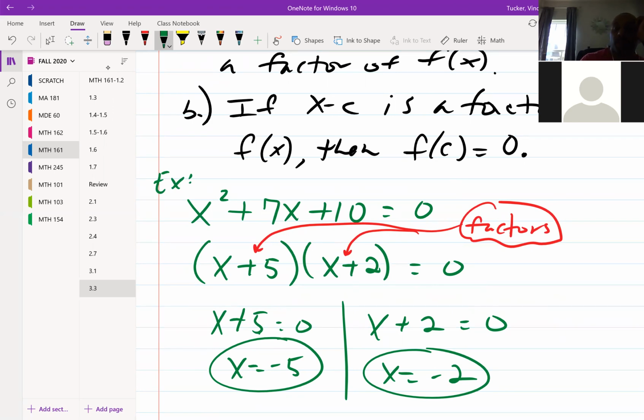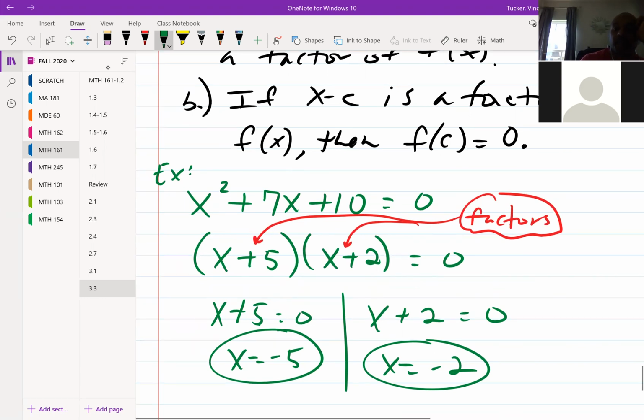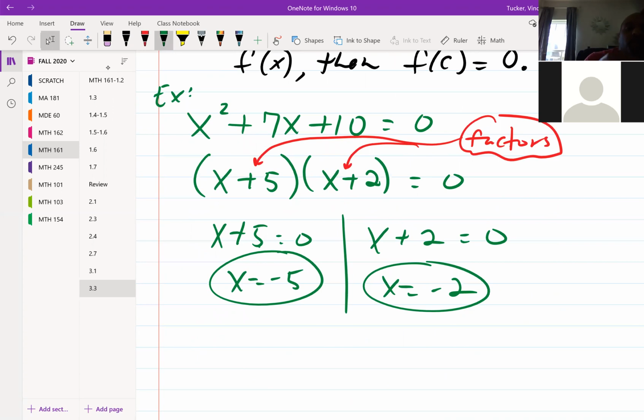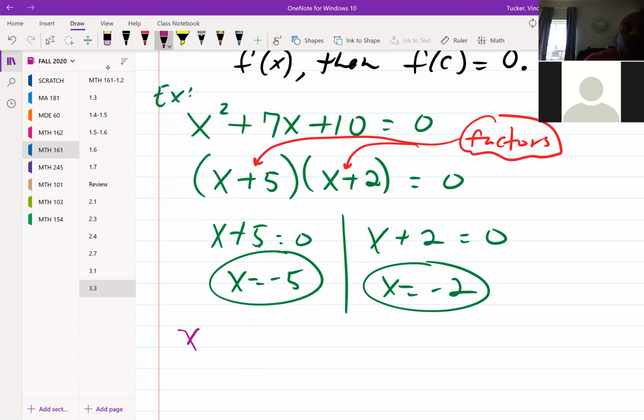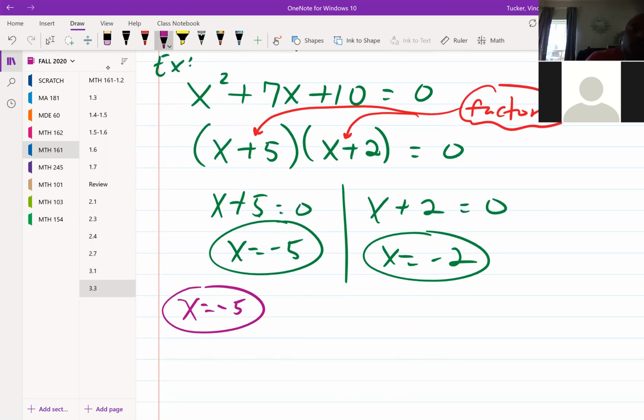Now, if I were to plug either one of those into that function, x squared plus 7x plus 10, then I should get 0. I'll just do one of them to show that. So let's look at x equal to negative 5. Negative 5 squared plus 7 times negative 5 plus 10.